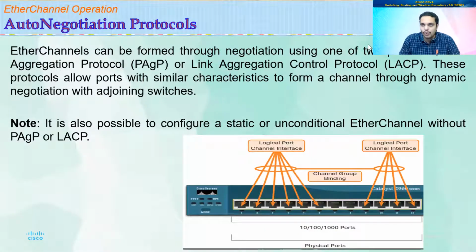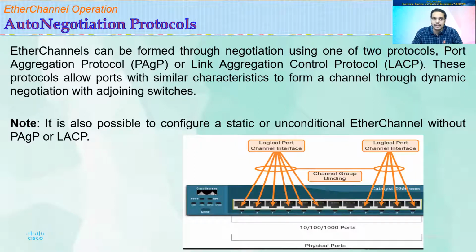So we have two auto negotiation protocols for implementing EtherChannels. One is called Port Aggregation Protocol, PAgP, and the other is Link Aggregation Control Protocol, LACP. These protocols allow ports with similar characteristics to form a channel through dynamic negotiation with adjoining switches.